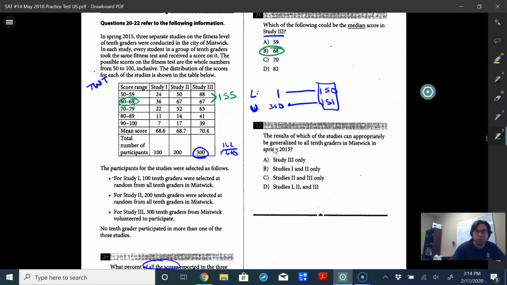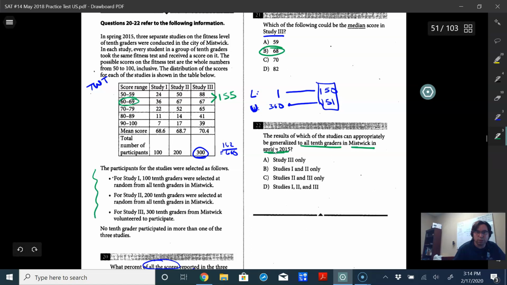All right, and then number 22, let's look at it. It says, the results of which of the studies can approximately be generalized to all 10th graders in Mistwick in spring 2015? So let's take a look at this piece over here.